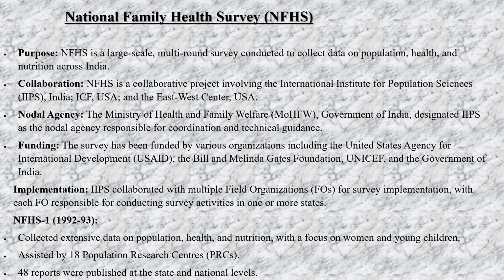NFHS 1, 1992 to 93. Collected extensive data on population, health, and nutrition, with a focus on women and young children. Assisted by 18 population research centers, PRCs. 48 reports were published at the state and national levels.